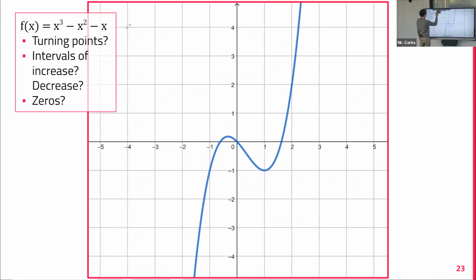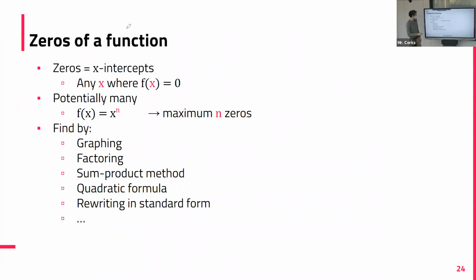And then zeros. So I asked you this last time, but tell me again, what is a 0? Okay, so it's the x-intercepts. Any point where our function crosses the x-axis. If we have the graph, they're very easy to see. We just look where it crosses the x-axis. All right, formal definition of that here.